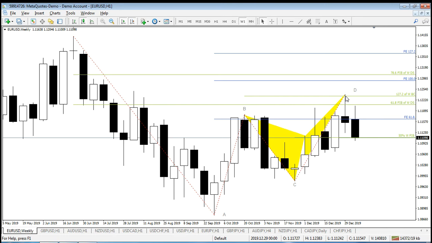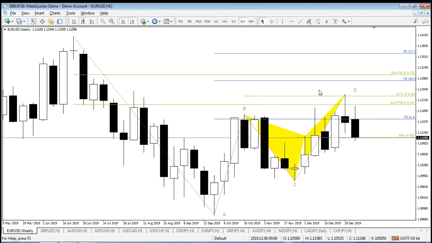The CD leg is quite slower than AB, so CD is not harmonic with AB, and that's why CD is not necessarily supposed to be measured as per the AB. CD can be simply 127.2% extension of BC, that is the retracement, and BC should be 0.618, that is 61.8% retracement of AB.